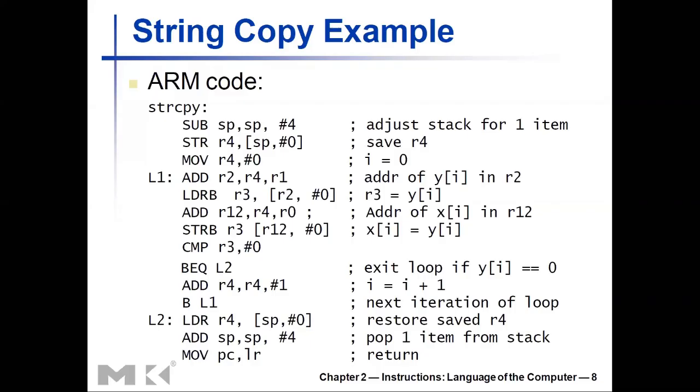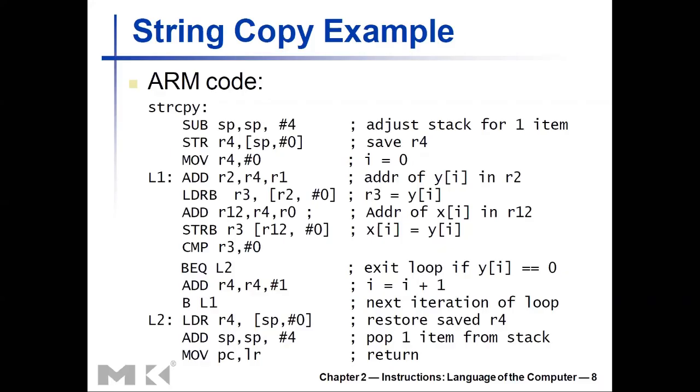Using LDRB, we are going to load a byte from memory into the R3 register. That is, we are going to grab the ith element of y and store it in R3. #0 we put here because we already calculated the proper address with the add operation earlier.